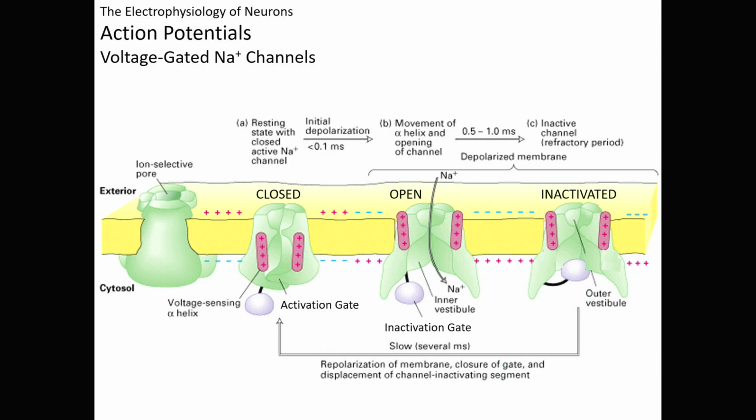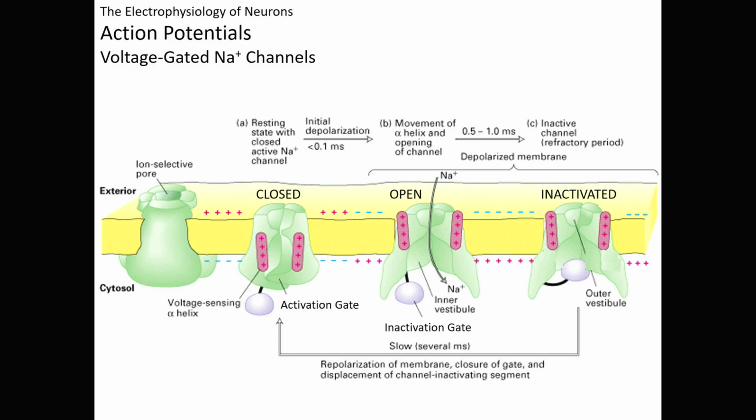There is no possible way to go from inactivated to open, at least not without there being some problem here. If there's some problem with your inactivation gate, it's got a faulty latch or a rusty hinge and it opens up again, okay, that can happen, that's a pathology. But physiologically, it's always going to be closed to open to inactive back to closed, okay?